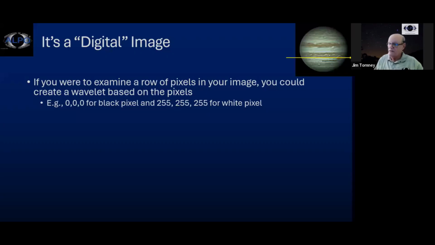So each pixel could be 0, 0, 0 for perfectly black, or 255, 255, 255 for a perfectly white pixel, and anything in between. So if we were to take a reading across this image where that line lies, we would basically get a wavelet that would show us the information along that particular line.